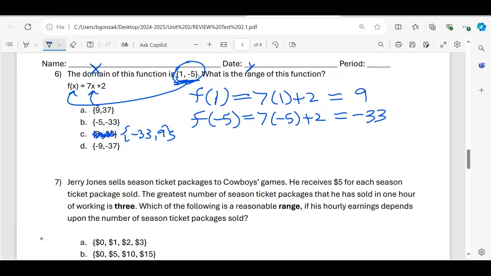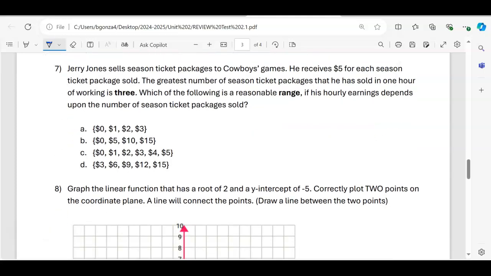Okay, well, number 7. Jerry Jones sells season ticket packages to Cowboys games. He receives $5 for each season ticket package sold. The greatest number of season ticket packages that he has sold in 1 hour is 3. So we have a maximum independent variable. My domain, he could sell 0 packages, 1, 2, or 3.